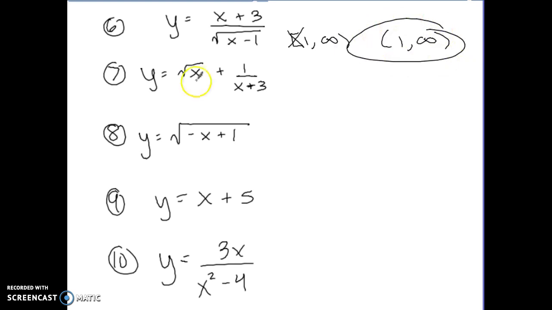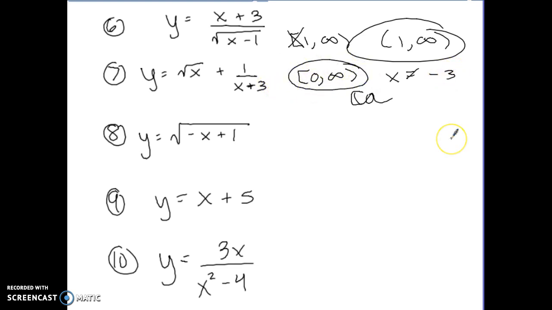Alright, the next one, it's got two separate things. You've got the square root function, which is 0 to infinity, and then you've got the second function, which says x can't be negative 3. So then I'm just going from 0. If you have something like this, just do the two separate pieces and put it together. The good thing is that negative 3 is actually before this, so this is just your domain.